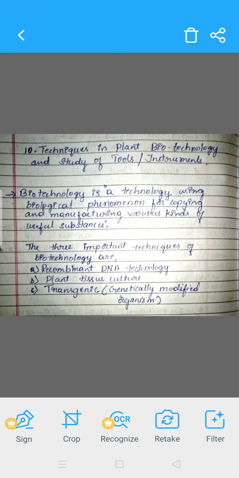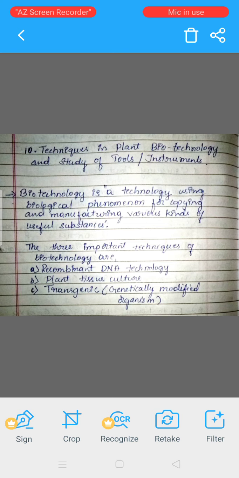Today in this class I will explain the techniques in plant biotechnology and the study of tools or instruments. Biotechnology is the application of biological organisms, systems or processes to manufacturing and service industries.